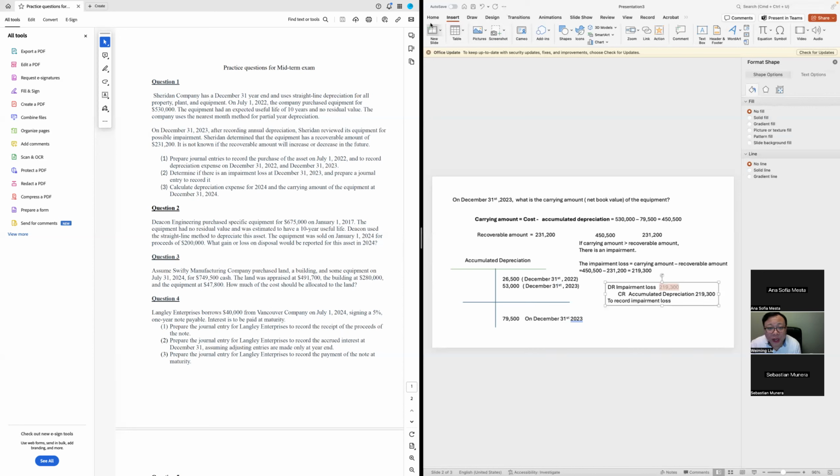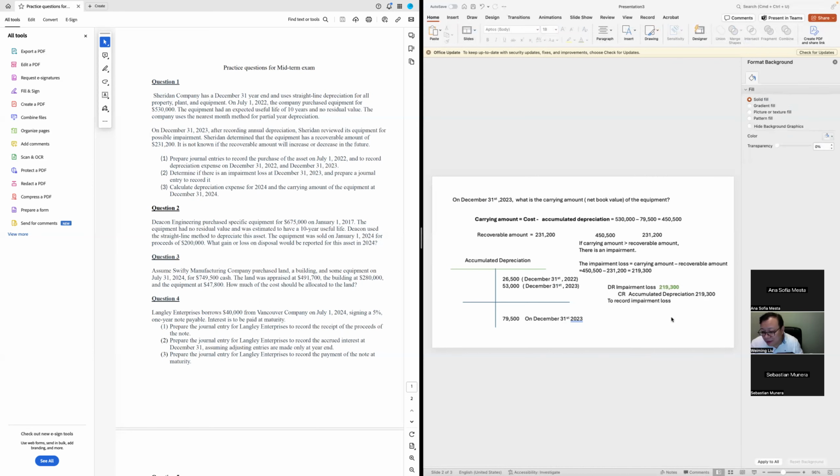It's going to be 219,300. If you pay attention, this is the impairment loss, right? This amount is not a carrying amount. This amount is the impairment loss. It's not a carrying amount.